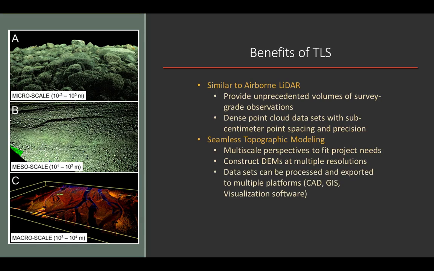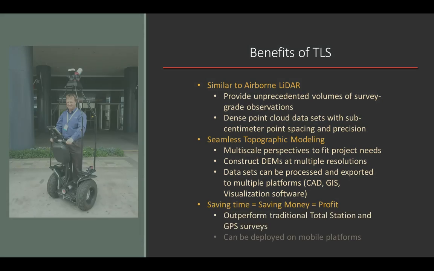Because of the immense amount of data and the resolution it's collected at, it can create multi-scale perspectives to fit project needs and construct multiple DEMs at different resolutions and grid sizes. And the data, although large, can be easily processed and exported to useful platforms such as GIS and CAD platforms.